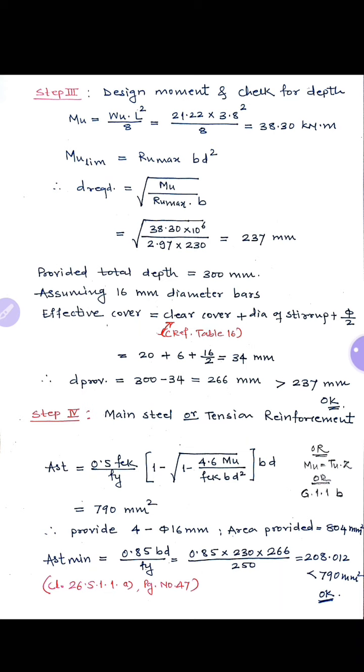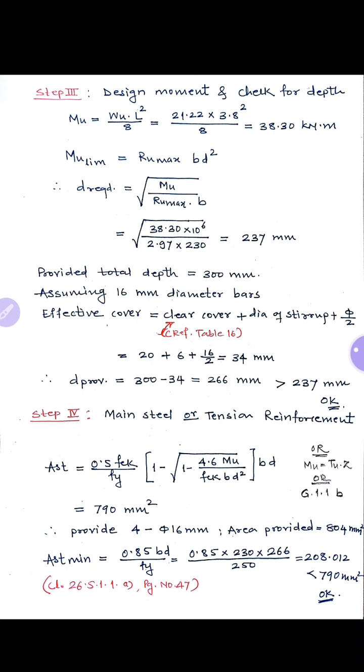Just rearranging this equation, we will be getting d required is equal to under root of Mu by Ru max into B. Based on this we get d required as 237. If you remember, we have considered our total depth, that is overall depth, as 300 mm. What we are getting as required effective depth over here is 237 mm.